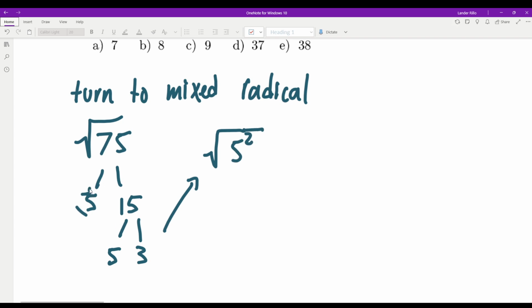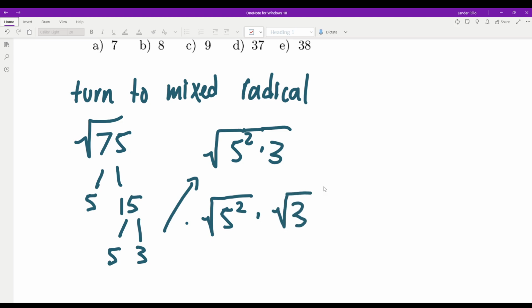There's a group of 2 here, and then times 3. We can split them up because they're both being multiplied, using properties of radicals. These cancel out because it's square root of a square, so that's 5 square root 3.